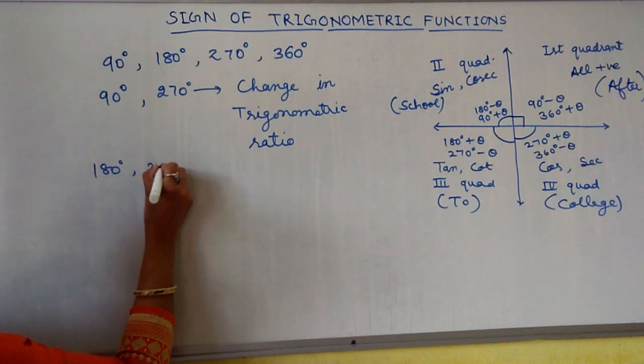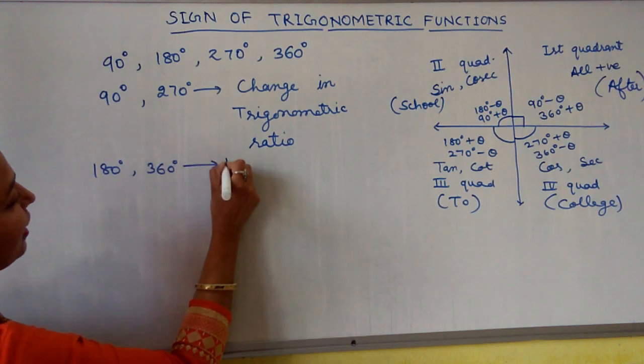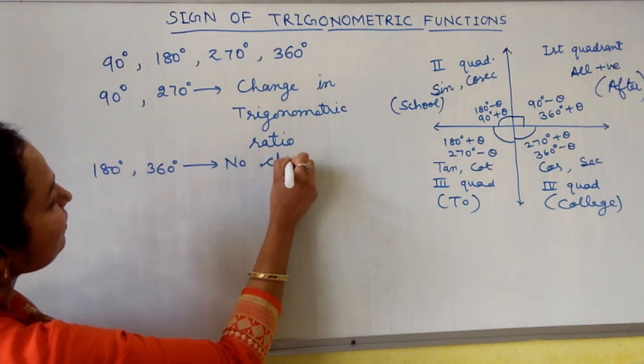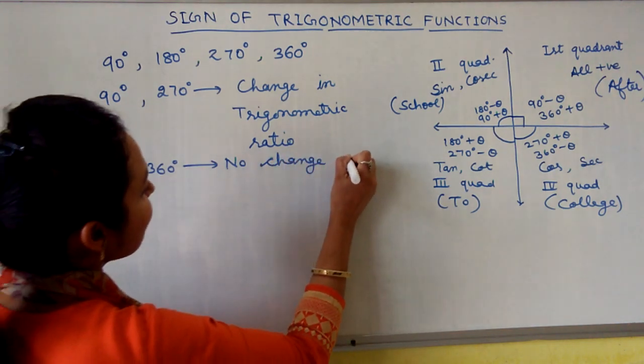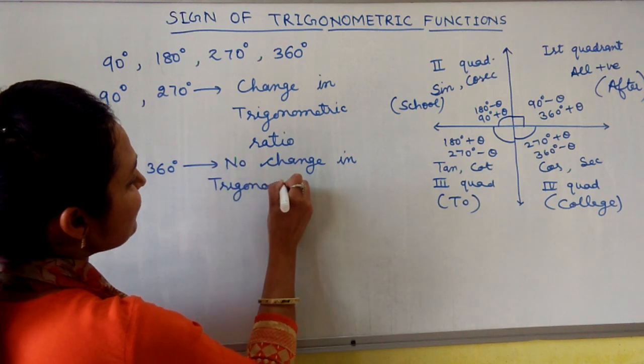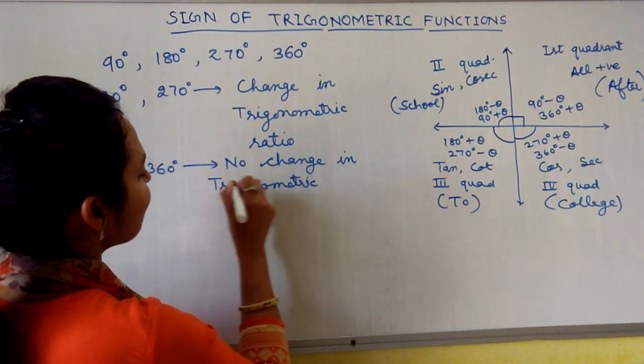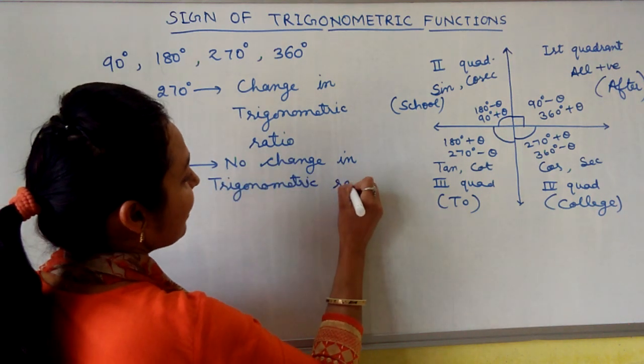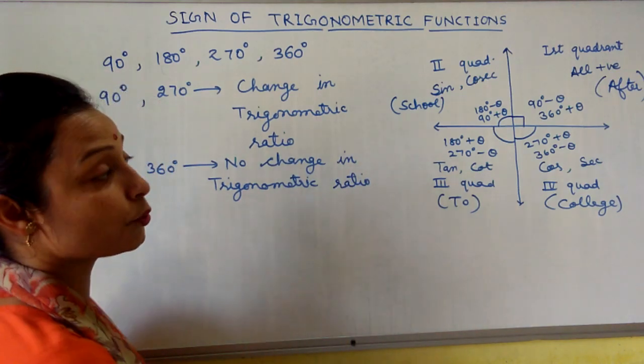At 180 or 360, there is no change in the trigonometric ratio. Okay, it will not be clear until the angles are shown to you.